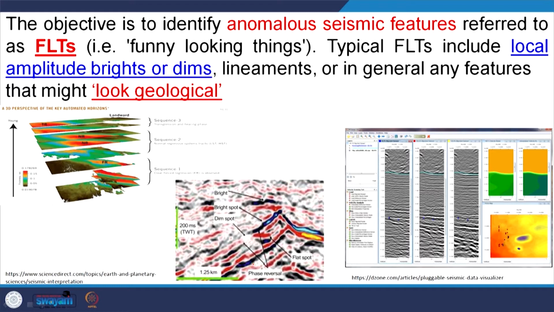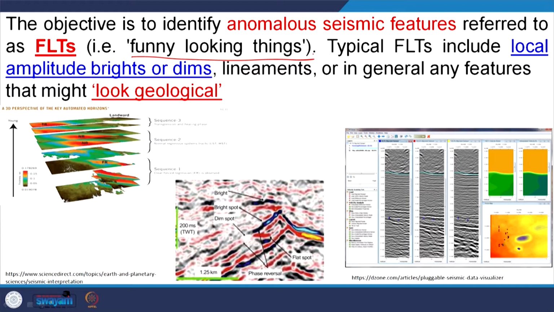The objective is to identify anomalous seismic features referred to as FLT. FLT stands for funny looking things. It sounds funny, but it is important. Typically, FLTs include local amplitude brights and dims. As we know from the last class, wherever there is an amplitude change, it may be due to lithology, fluid content, or density.